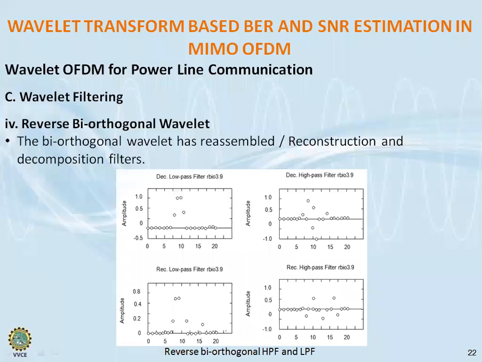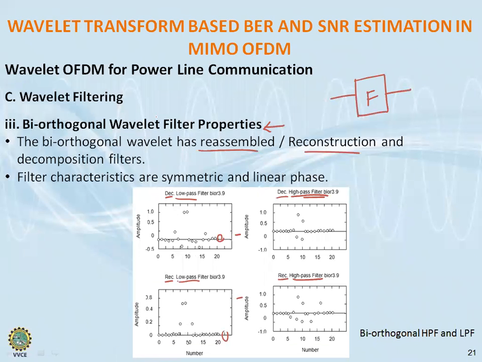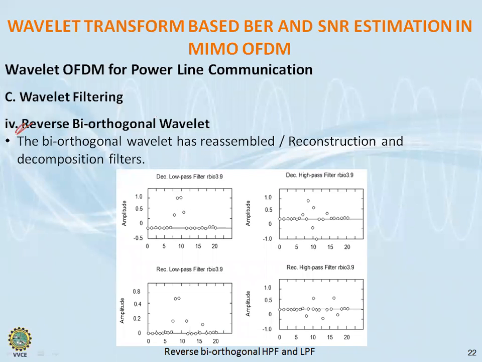So next is regarding reverse bi-orthogonal. This is the fourth method. Therefore, as we can see, the concept is just similar to the previous one, whereas bi-orthogonal filters are being used on the transmitter side, and reverse bi-orthogonal wavelets are being used on the receiver side.